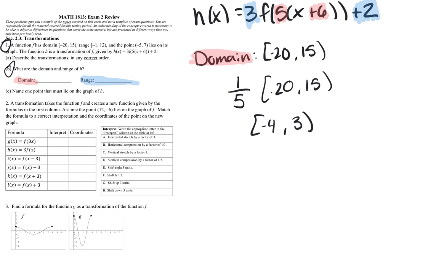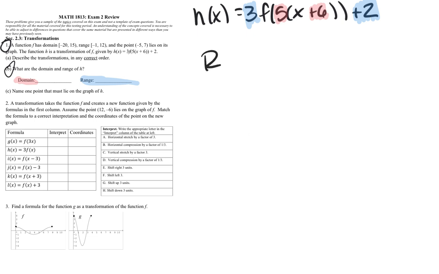Then we also have this plus 6 on the inside, which remember is a -6. So we subtract 6 from both of these, and our domain is going to be -10, -3.